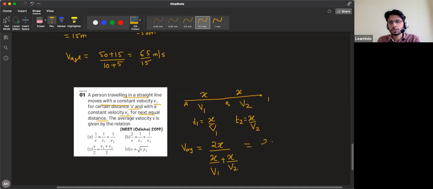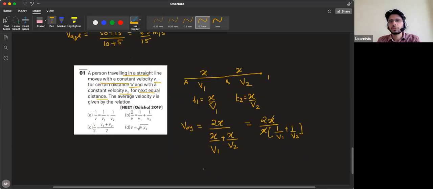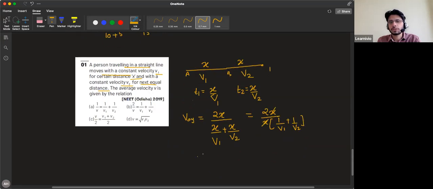So it's 2x divided by x common, 1 by v1. So this x will cancel this x. So you can say that your V average is 2 by 1 by v1 plus 1 by v2.